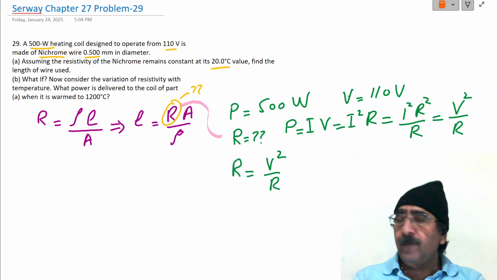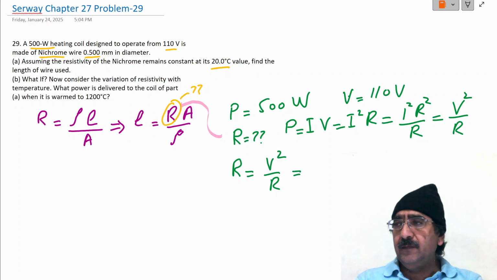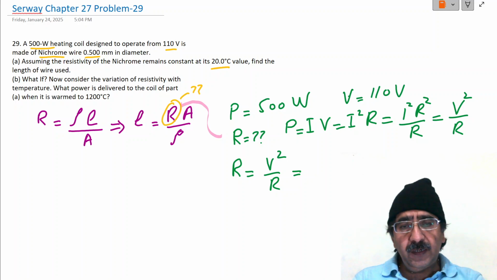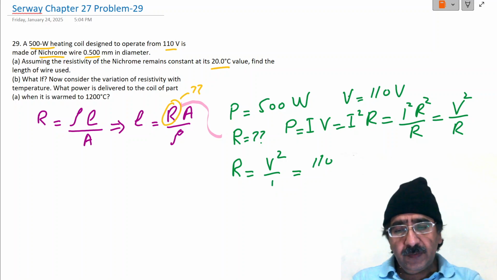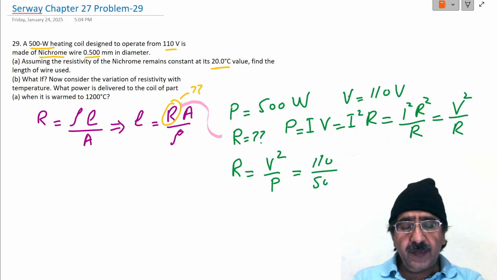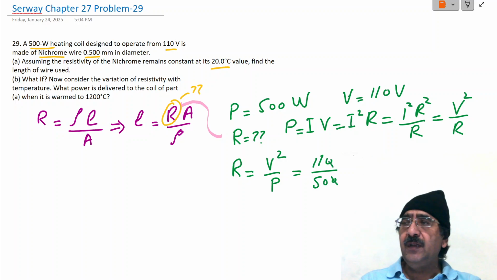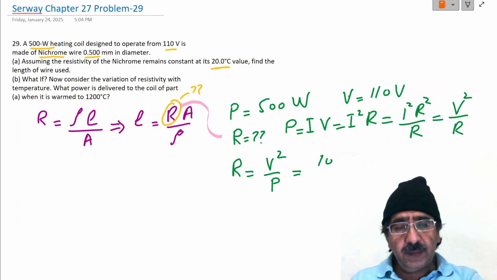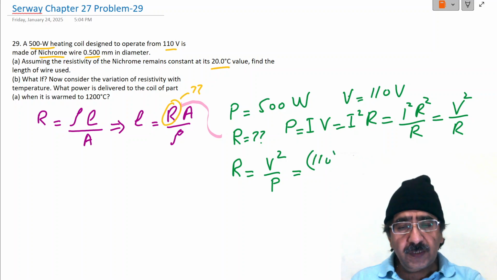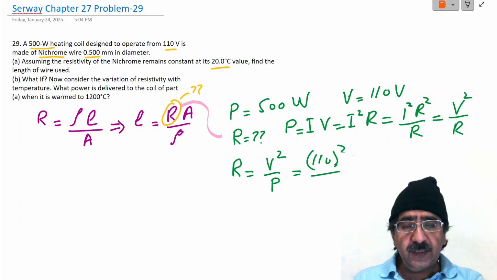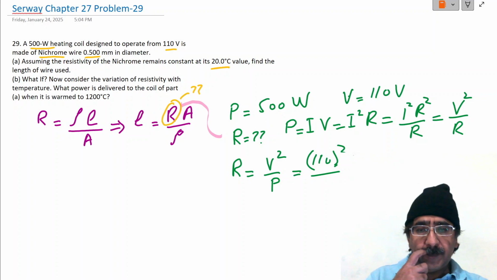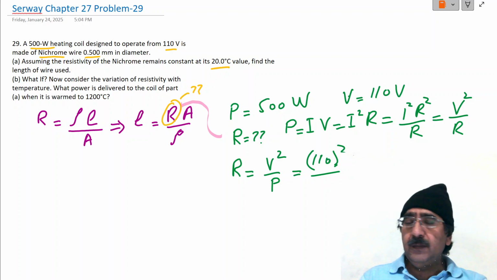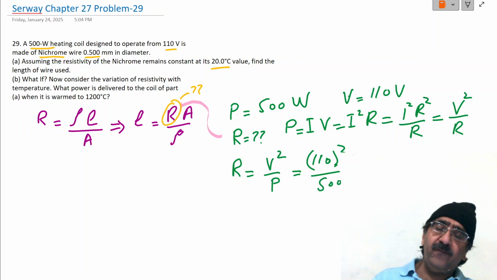Okay. And V is already given, 110 volt, and P is 500. So this will become, sorry, I'm wrong, here it is 110 volt, we have to take the square, and power is 500.